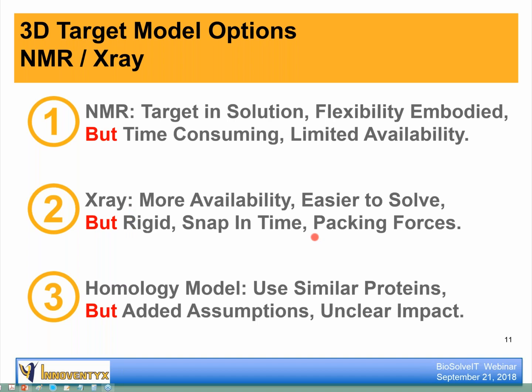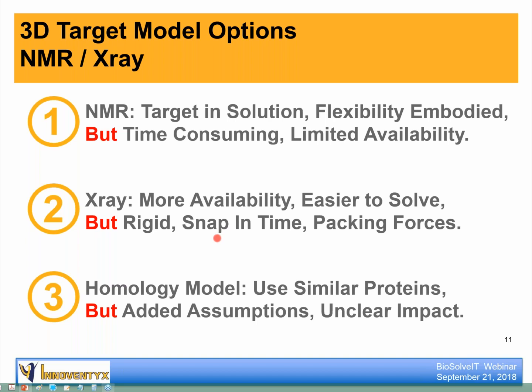And something that is important to keep in mind is that what we are seeing, the crystal structure, might not be exactly what happens in reality, because when the crystal is being formed, there are packing forces that might impact the shape or orientation of amino acids. So something to keep in mind when it comes down to X-ray. But the X-ray is more popular than NMR.